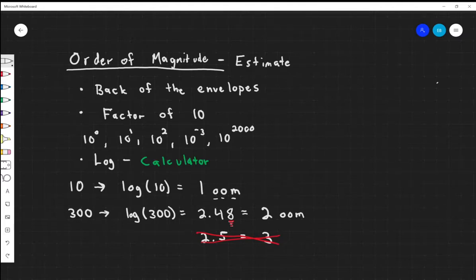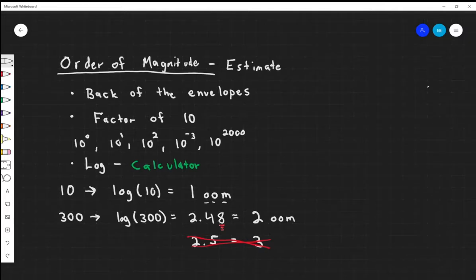Let's do one more example. Let's say I want to know the order of magnitude of the number 5 times 10 to the negative 3. I would type in log of 5 times 10 to the negative 3 into my calculator, and I can write down the in-between number that I get.